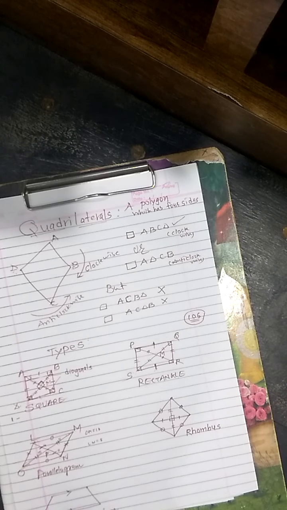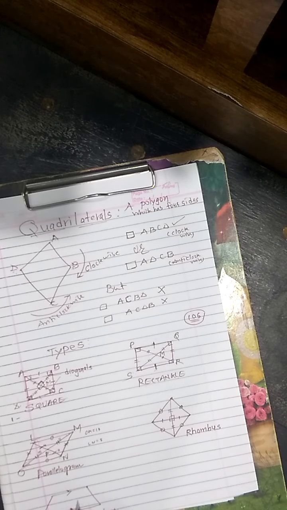Now let's talk about this last quadrilateral, the trapezium. Many times you have seen on a railway platform where cargo materials are kept, on that place you can find this type of shape.